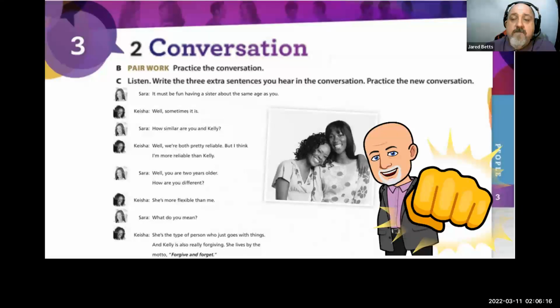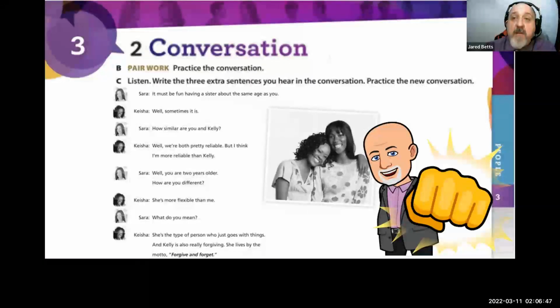How are you different? She's more flexible than me. She's a lot more flexible. What do you mean? She's the type of person who just goes with things. And Kelly is also really forgiving. She lives by the motto, forgive and forget. I forgive, but I never forget.